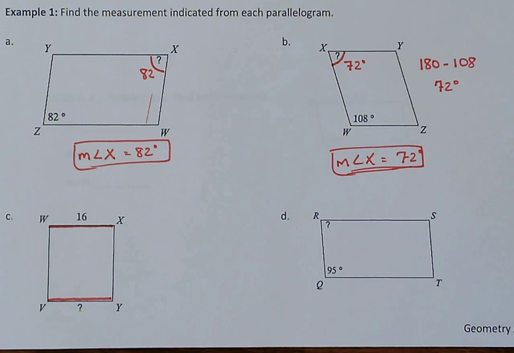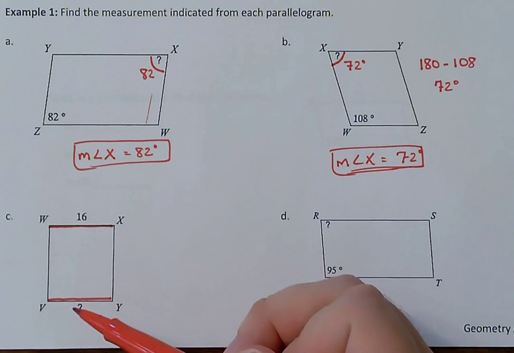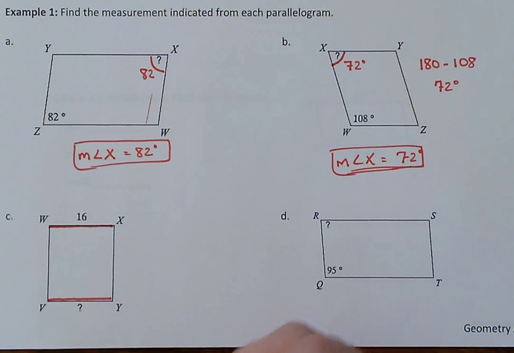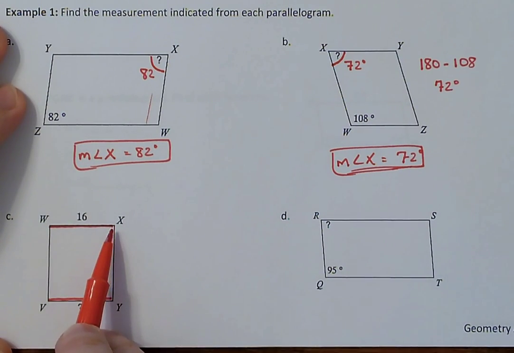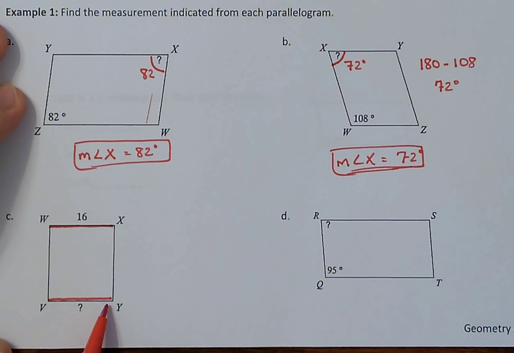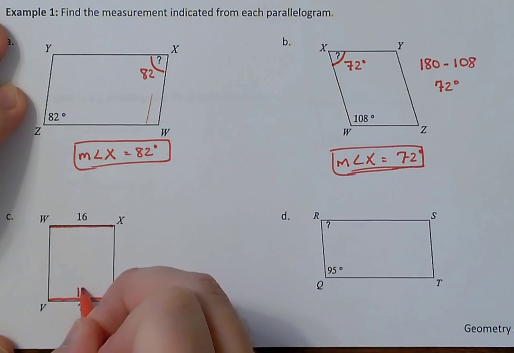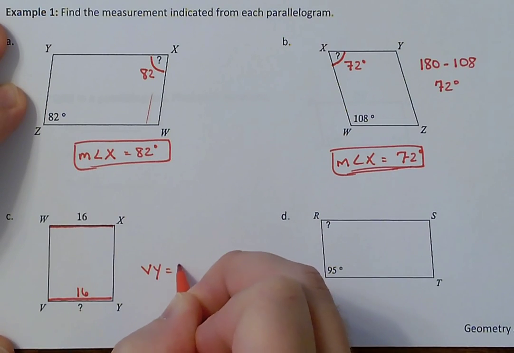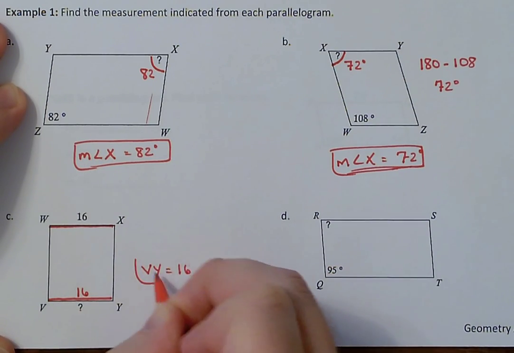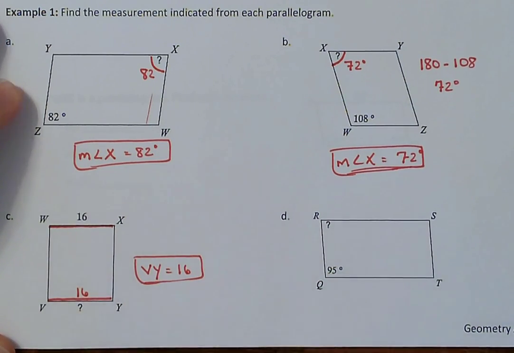These two side lengths are opposite of each other, so what do we know about opposite side lengths? The first theorem stated that opposite sides are congruent. So if WX is 16, VY is also 16. My answer for part C is 16 units long.